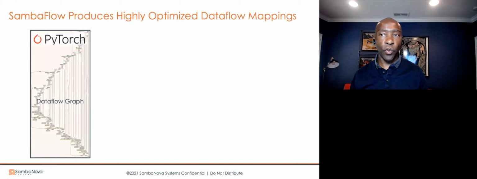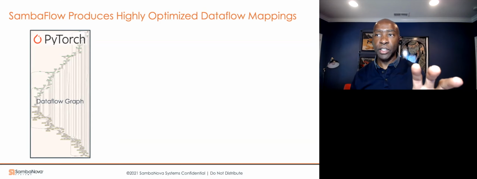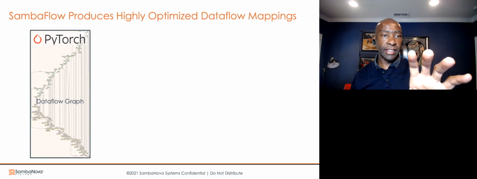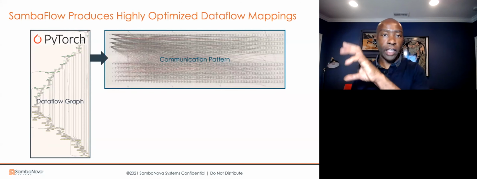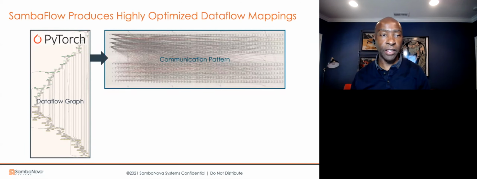And so the goal is to take a PyTorch graph, such as the one on the left here, and map it to something that is efficiently laid out in space on the RDU chip or across multiple RDU chips in a system.